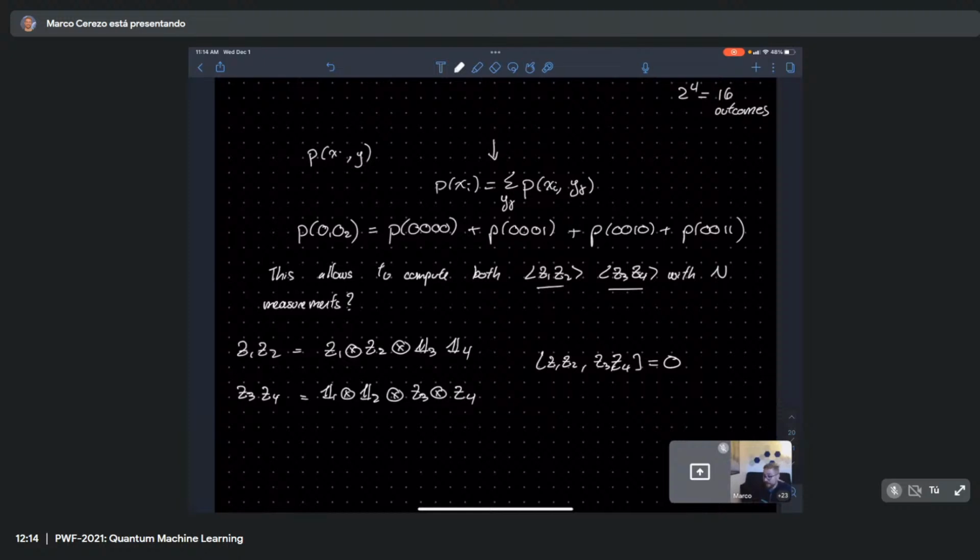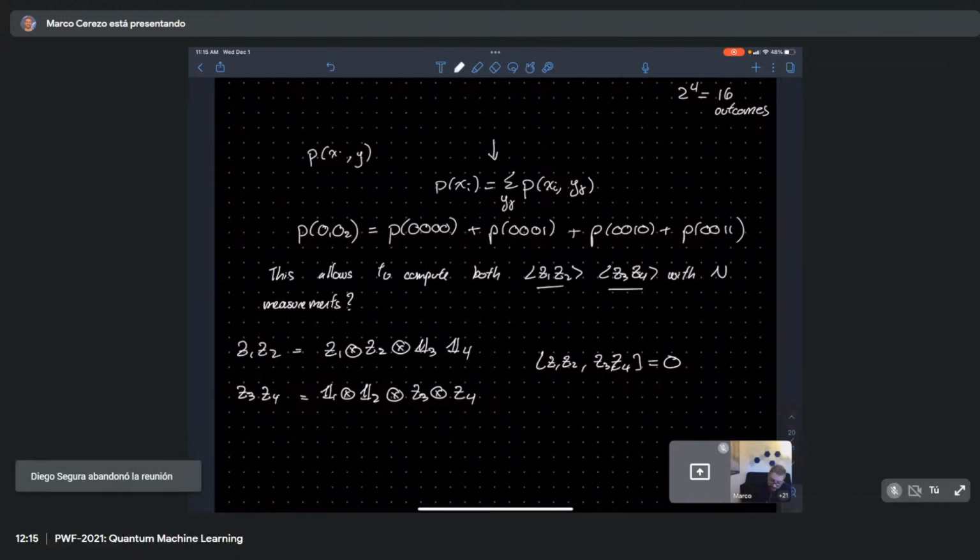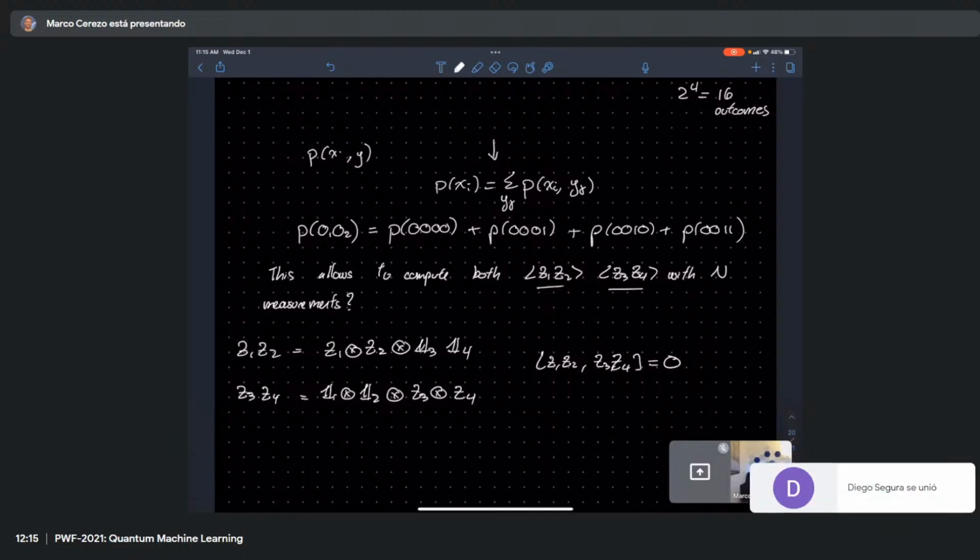If they can be simultaneously diagonalized, that means that there is a basis of eigenvectors for all of them. Moreover, what do we do when we measure? We measure on the basis of some operators. So all that we need to do to estimate those expectation values is measuring their common basis. What is the common basis of Z1, Z2, Z3, Z4? It's the computational basis. So we get this for free.